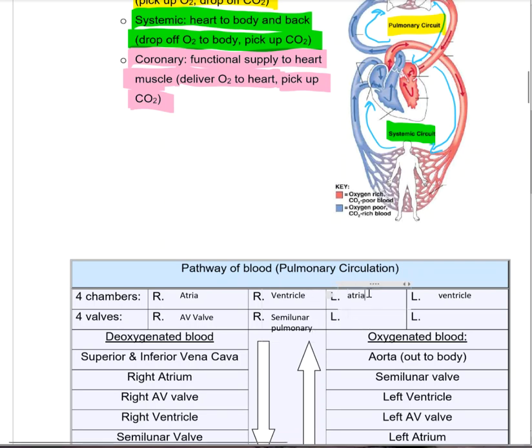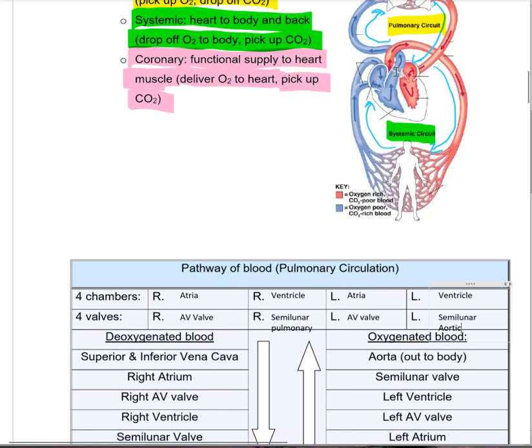And then over on this side, we have our left AV valve, between the atria and the ventricles, and then leaving the ventricles, we have a left semilunar valve, and this is also called the aortic valve. And the aortic and pulmonary, they tell you where the blood is leaving.